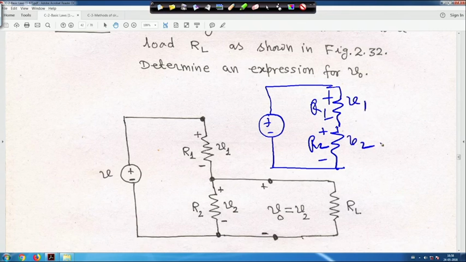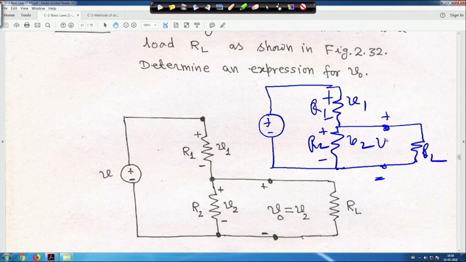Now, across R2 in this series circuit we are connecting one load, say a resistor, and this resistance is RL, right. The voltage across it, suppose this is plus and this is minus, this V0 is actually V2, because it is connected across the resistance R2.